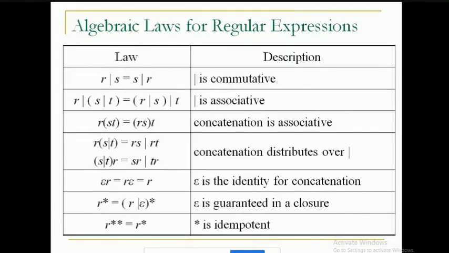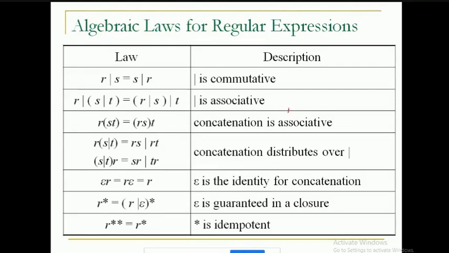Okay. And the algebraic laws for regular expressions. Can you write A or B is equal to B or A? Both are the same. You are going to get the content from either the language R or from the language S. So it is commutative. And the second one is associative too, right? You can combine more OR operations like this and make it an associative one. But concatenation is not commutative.